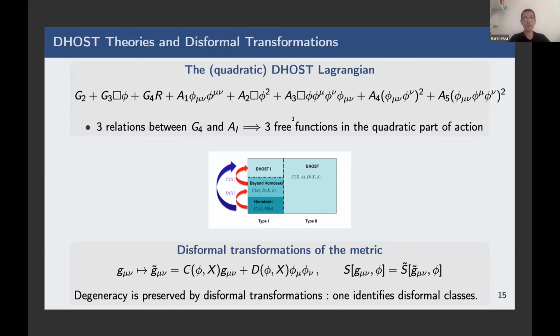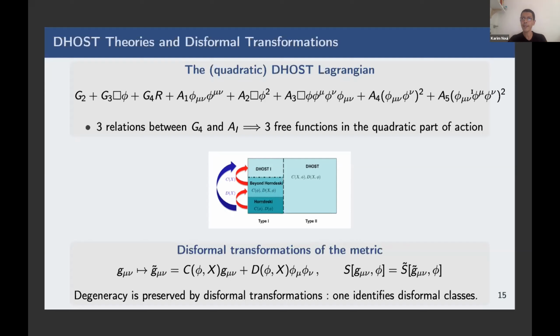But it is possible to reproduce a very similar analysis and to see what are the conditions for an action of this type, where you have a second derivative of the scalar field like this, what are the conditions on the functions A1, A2, A3, A4, A5, all these functions, for the theory to be degenerate, which will ensure that there is no Ostrogradsky ghost propagating in the theory.